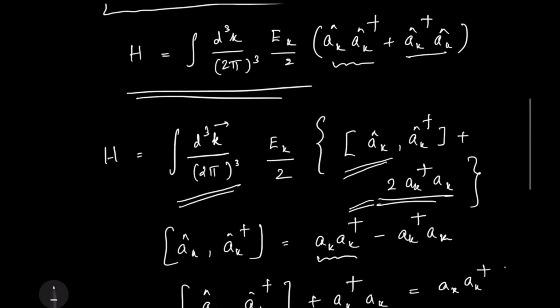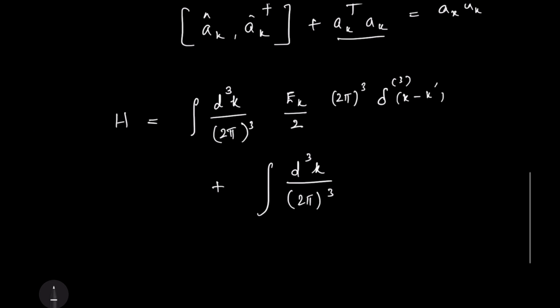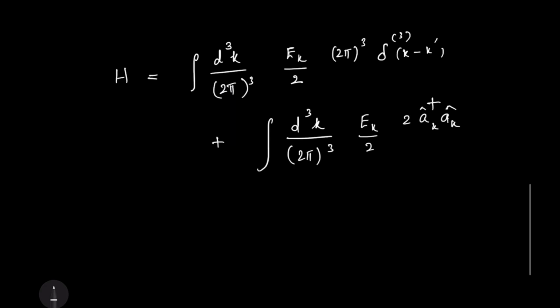Then next we have E_k by 2 multiplied by 2 a_k† a_k. So we have 2 terms.